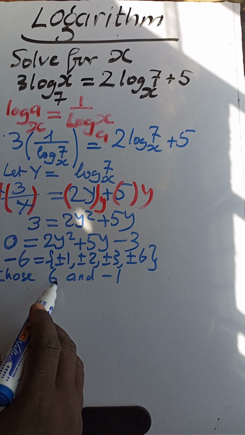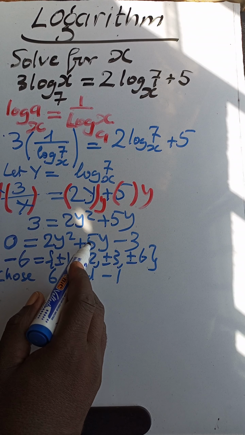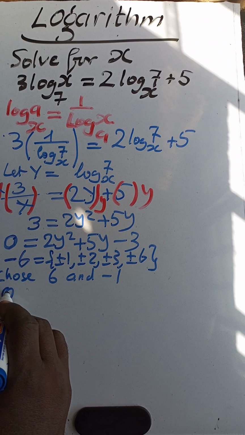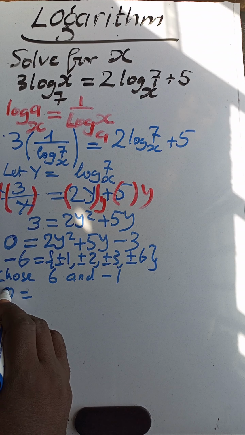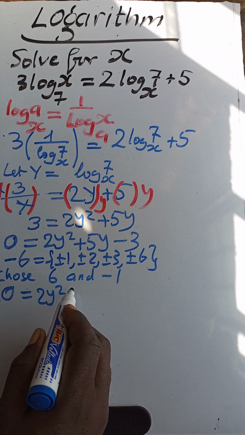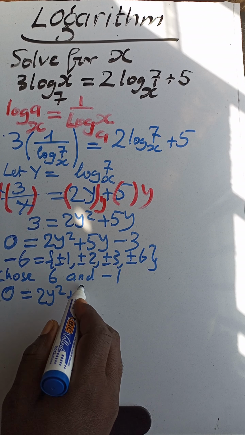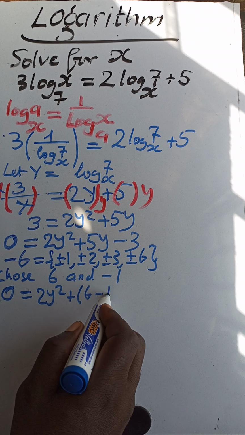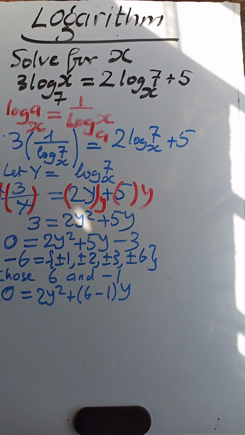Now what we're going to do next, we're going to replace this plus 5 with 6 and negative 1. So that expression there becomes 0 equals 2y squared, plus 6 plus negative 1 is negative 1 times y plus 5.